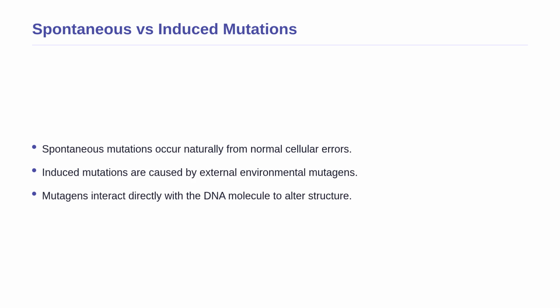Mutagens interact directly with the DNA molecule itself. They can alter its structure by breaking its sugar-phosphate backbone, changing the chemical properties of its bases, or even inserting themselves physically between the bases. This direct interference is what forces the cellular machinery to make so many unnatural errors.